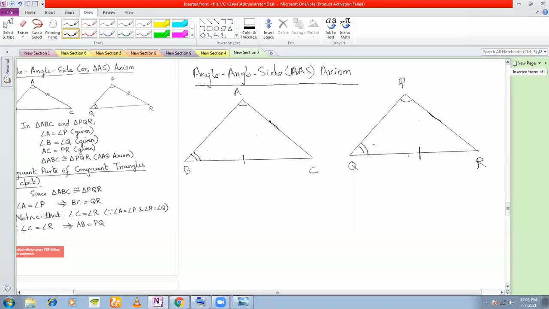Then can we say by angle side, they are congruent? No, sir. Why? Yes, you still can say, because opposite to this equal angle is this side.